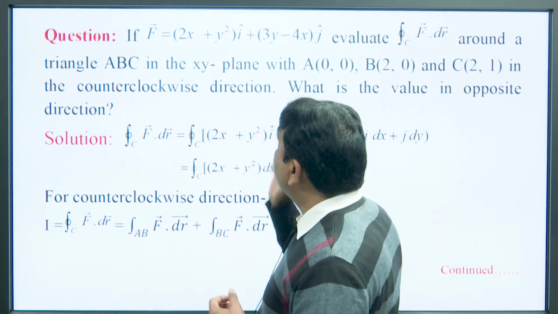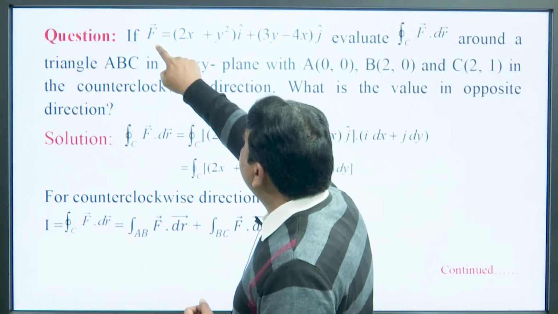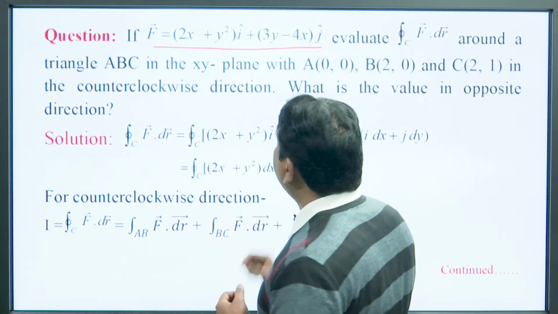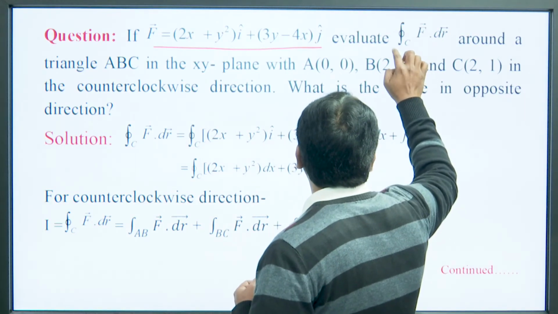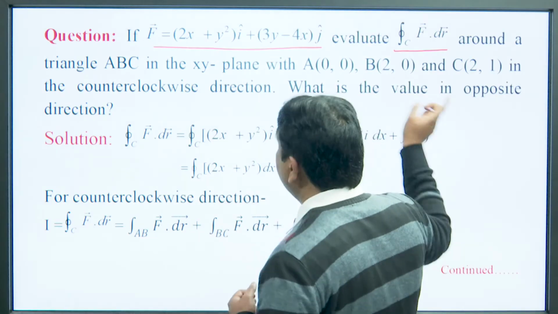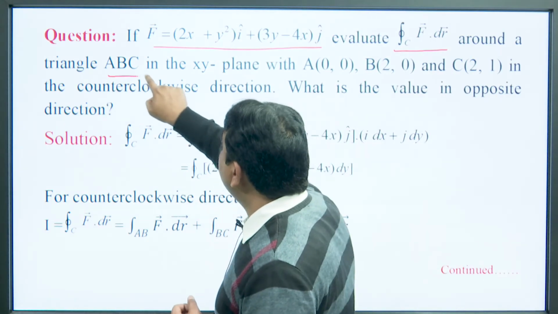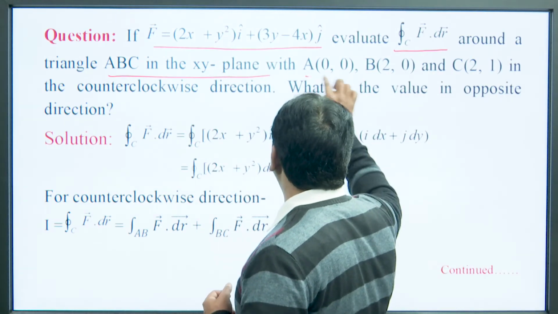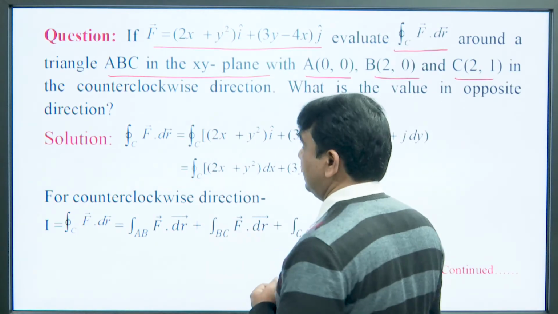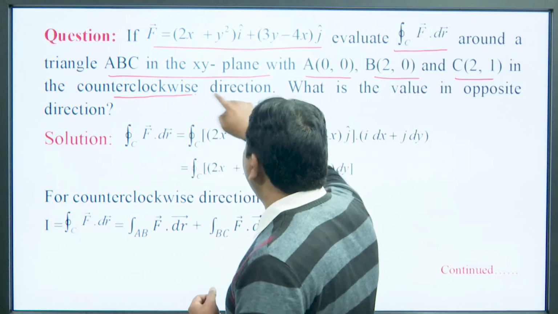Now, let us consider another question: if vector f is equal to this, then we have to evaluate the integral of f dot dr around the triangle ABC in the xy plane with these vertices in the counterclockwise direction.